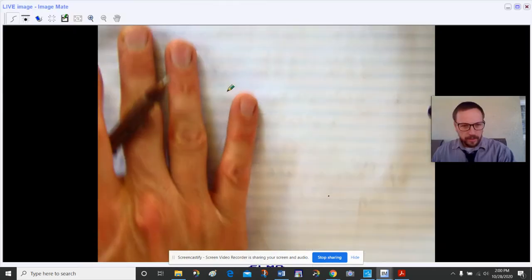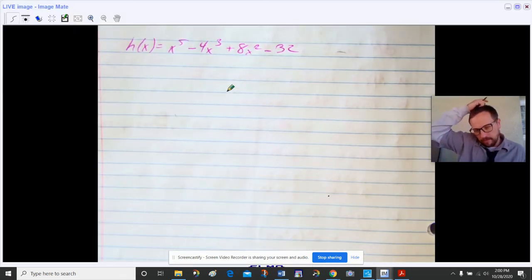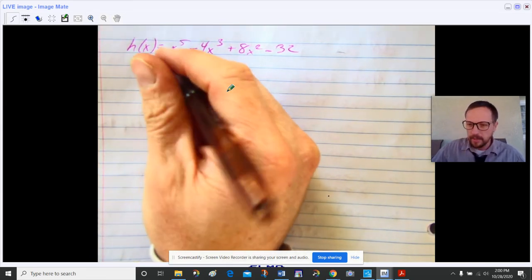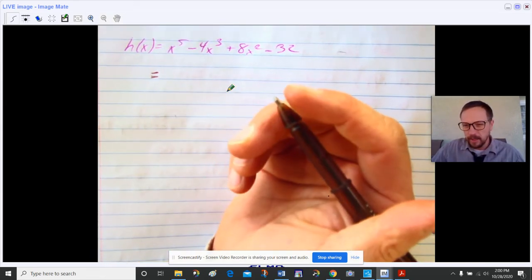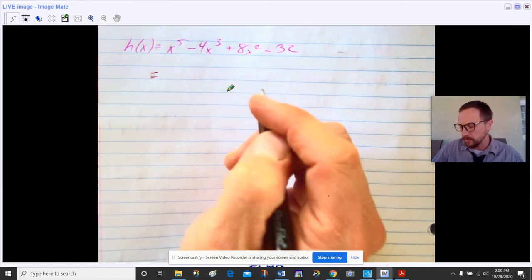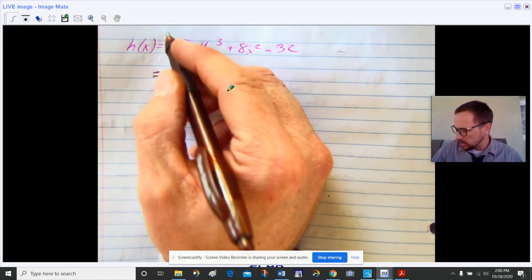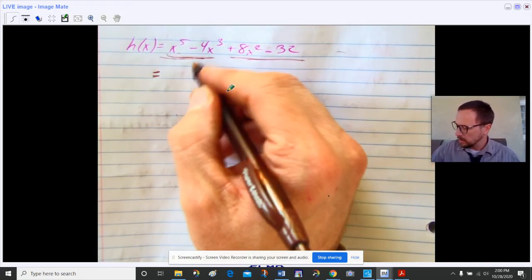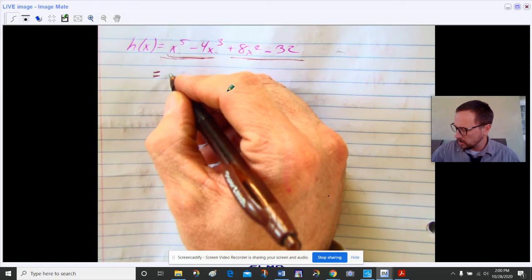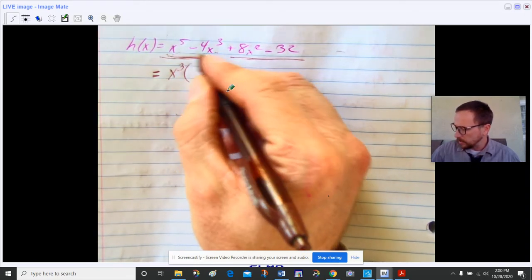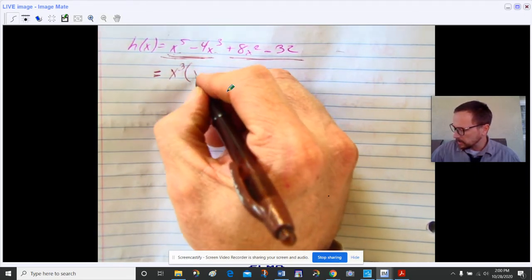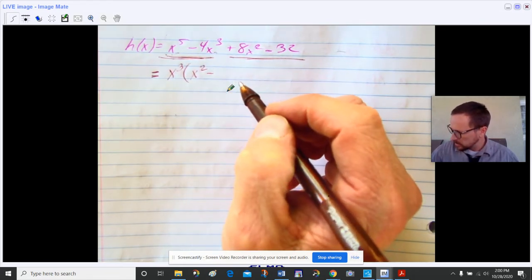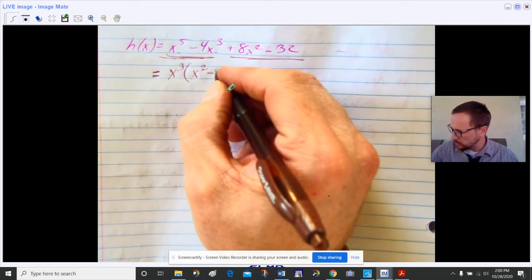So this one, I think you guys should be pretty good at factoring, because based off the method of using that X factor, a lot of you are already set for this. You would say, let's group these together and group those together. Both of these have an X cubed, so we can factor out an X cubed, and that leaves X squared minus 4.